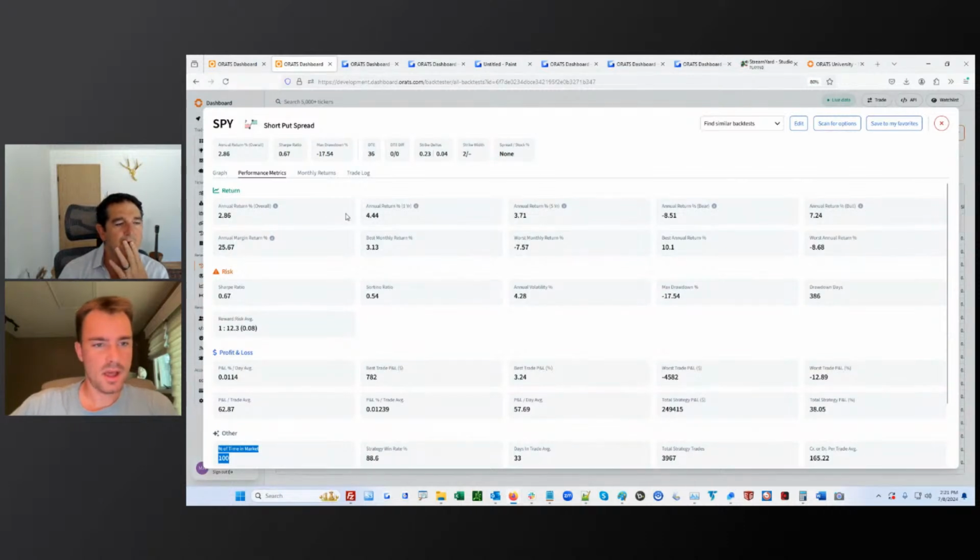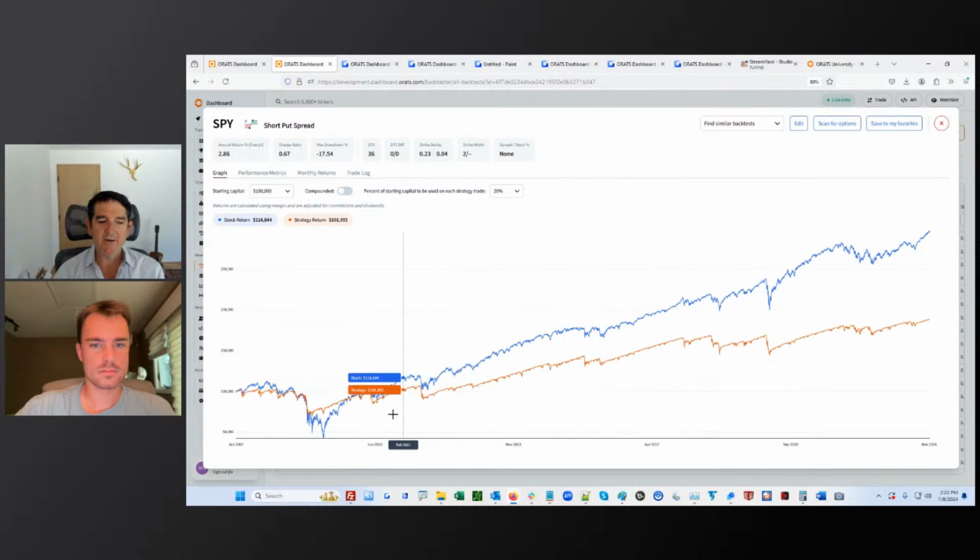Yeah, and there's a lot of performance metrics here. We can look at the number of drawdown days. I think the short put has far fewer than the short put spread. That's on the right side in the risk category, 127 versus the spread has almost double that, 300. So the drawdown is how long it takes for you to get back to your high water mark.